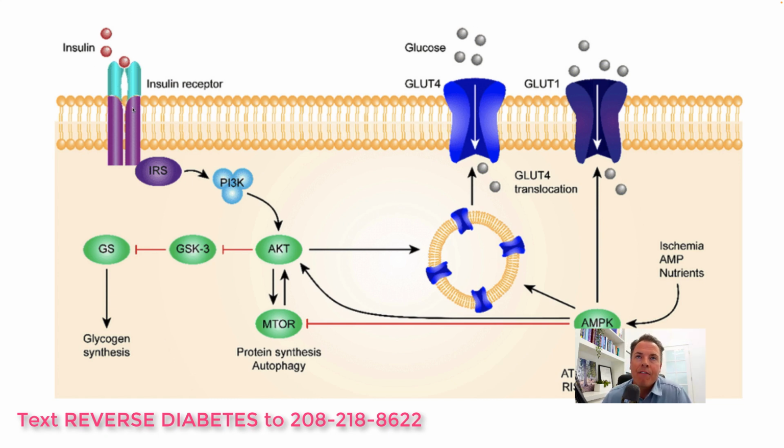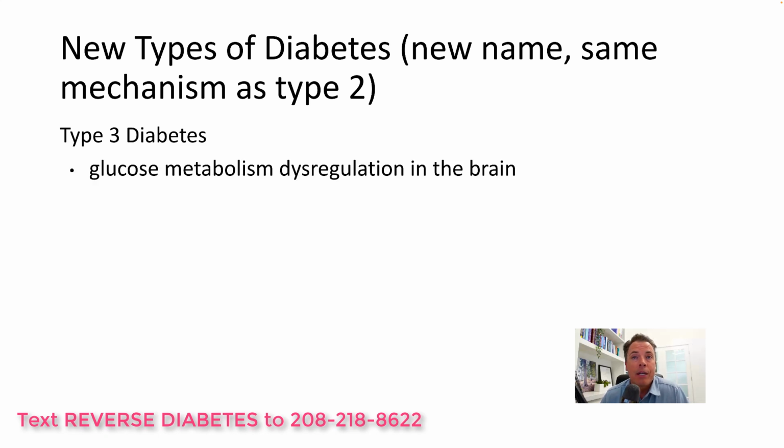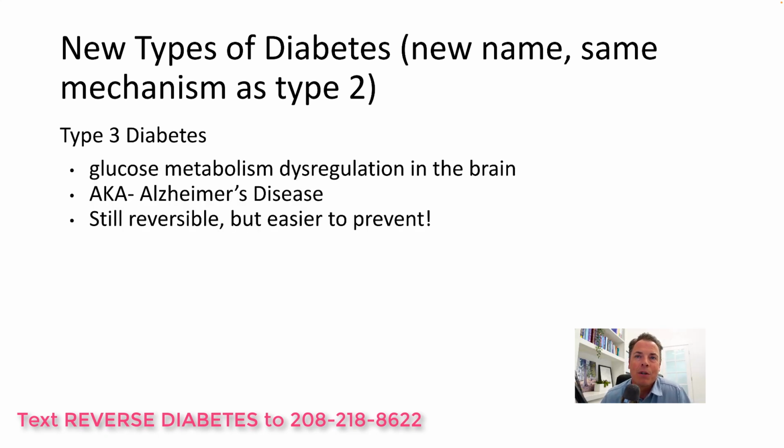With type 1.5 diabetes, this insulin receptor is actually under attack, and so it is not allowing the system to function normally. Therefore, blood sugar rises, and we become diabetic, type 2 diabetic, or in this case, type 1.5. So there are new types of diabetes. Just like I said, type 3 is glucose metabolism dysregulation in the brain, also known as Alzheimer's disease.